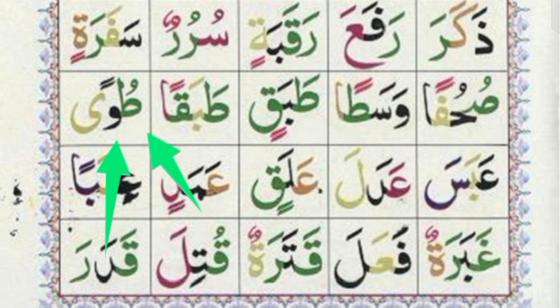So at stop, this tuwan will be read tuwa, tuwa. Let's read it again. Ta damma tu, waw double fatha wan, tuwan. At stop, tuwa, tuwa. We lengthen the letter because of ya, which is equal to alif.